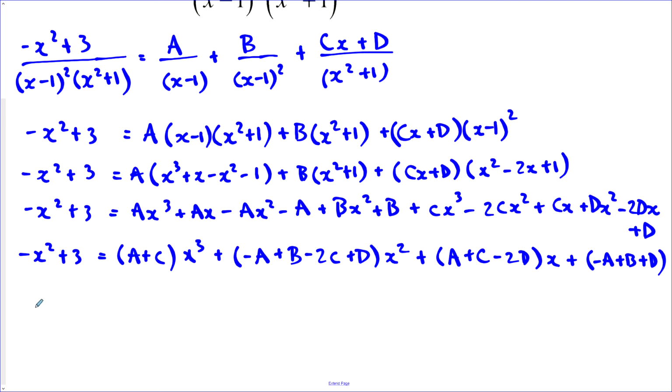Okay, now let's make the equations from the left here. So we know we have 0 x cubed. So the coefficient of this x cubed has to equal 0. So that's my first equation. 0 equals a plus c, because I don't see any x cubes over here. All of this is the coefficient of x squared, and that would be negative 1.